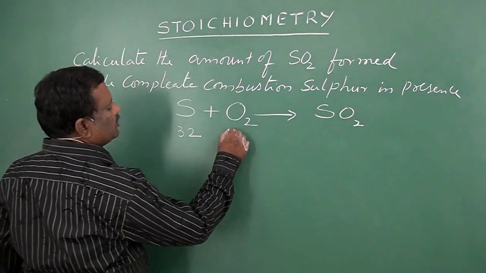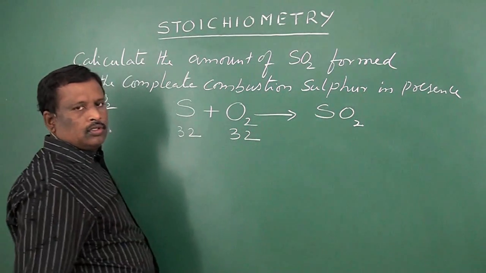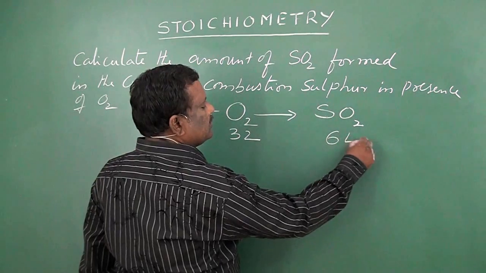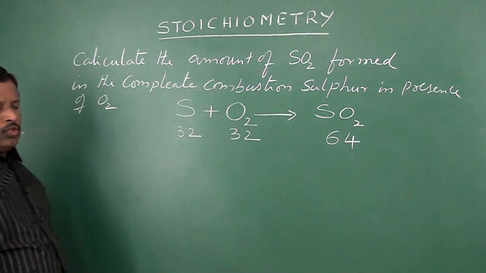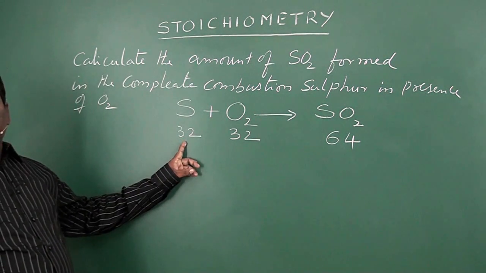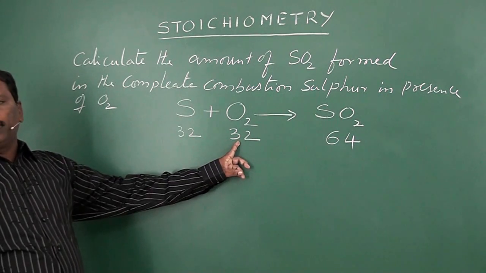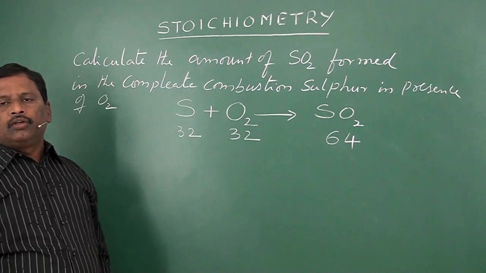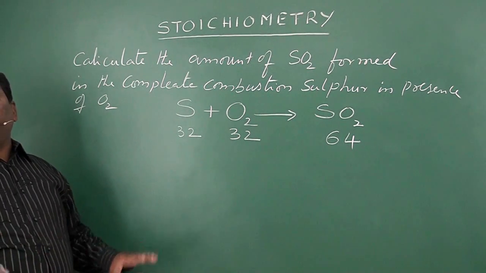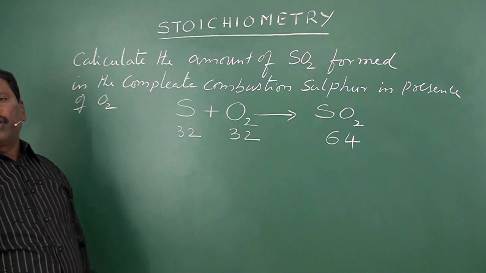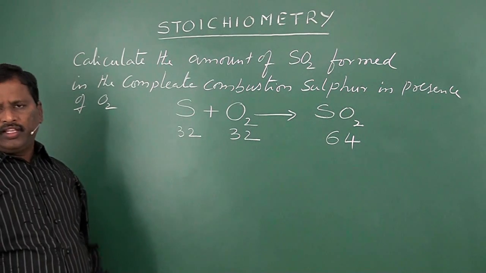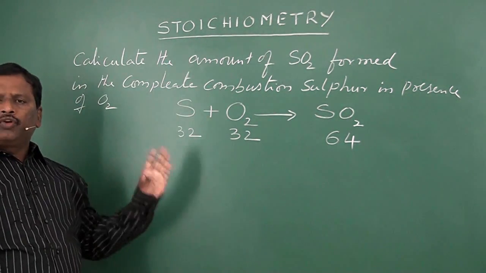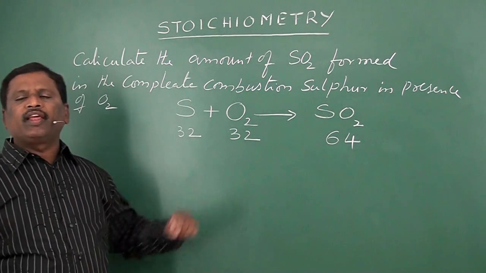Oxygen molecular weight is also 32. Sulfur dioxide is 32 plus 32, which is 64. So 32 grams of sulfur is combining with 32 grams of oxygen to give 64 grams of sulfur dioxide. That is the standard relation. Whatever amounts you take, they react with each other in that ratio only, and SO2 is formed in that ratio only.